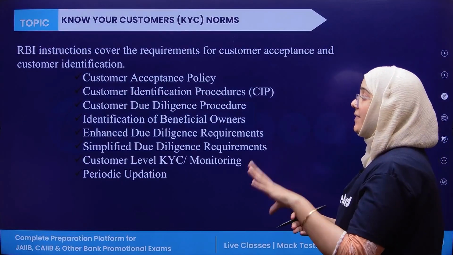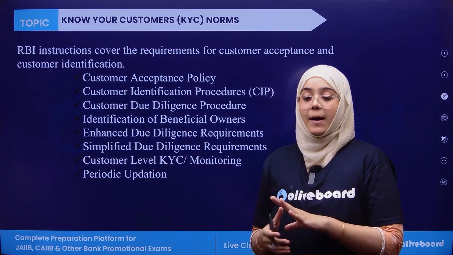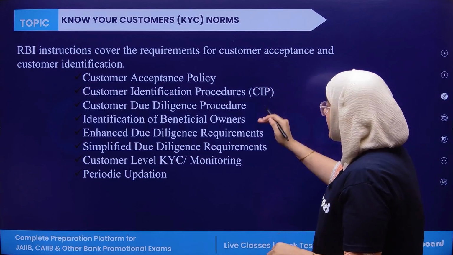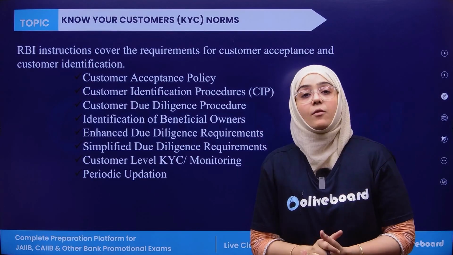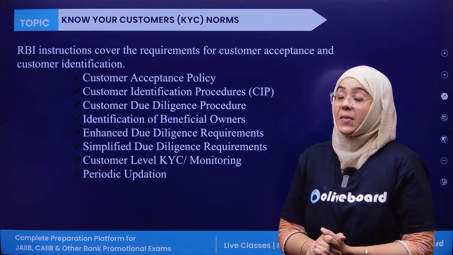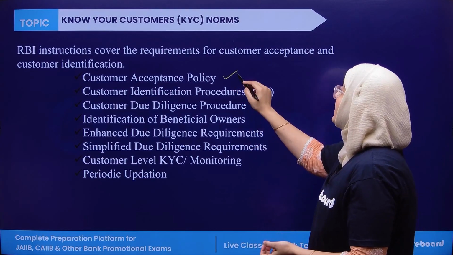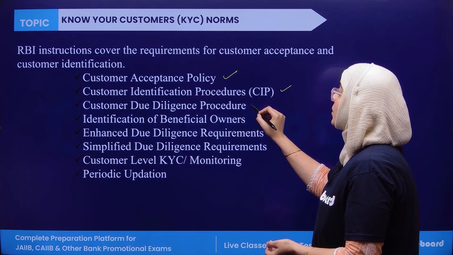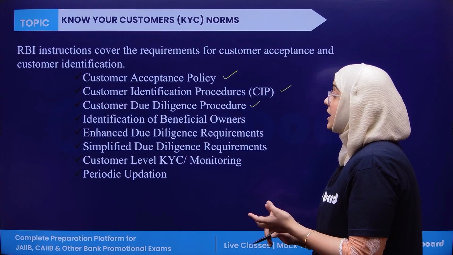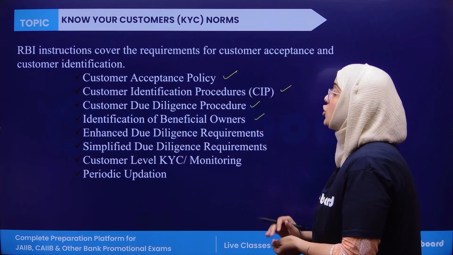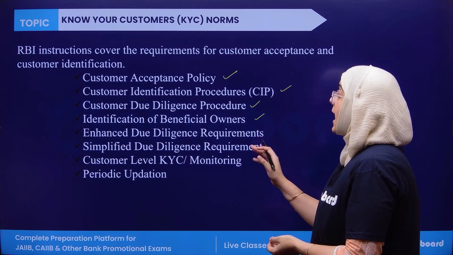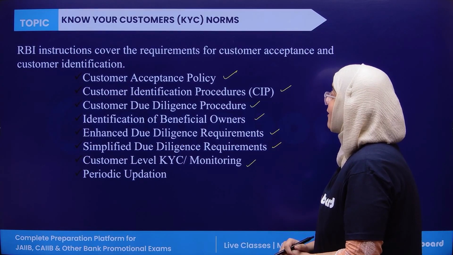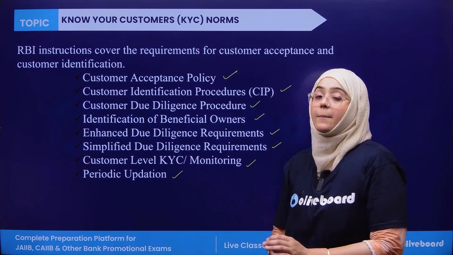First of all, the basic overview. When we are talking about the KYC, Know Your Customer policy, there are different steps which need to be covered for the KYC process. The steps are: first is customer acceptance policy, second is customer identification procedure, customer due diligence procedure, identification of beneficial owner, enhanced due diligence, simplified due diligence, customer level KYC and monitoring, and periodic updation.